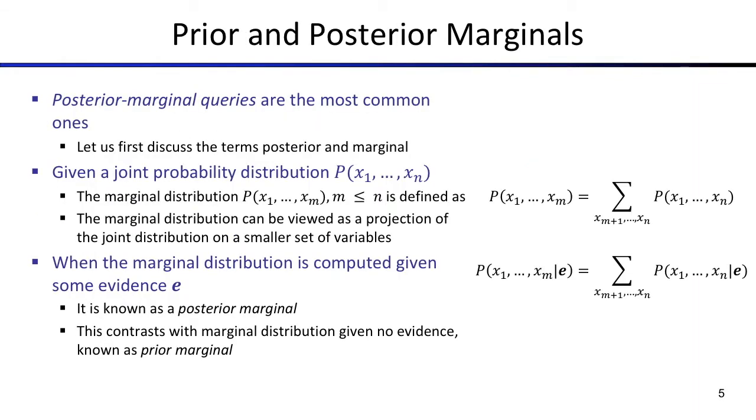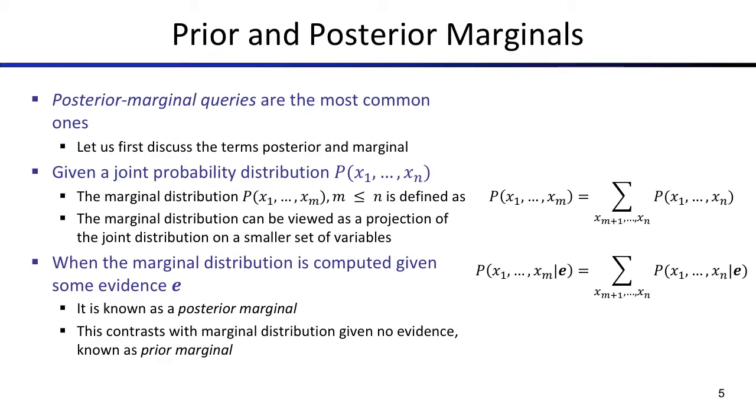If the probability of evidence is the simplest form of query, the most common one is the posterior marginal queries. Let's first take a look at what we mean by marginal, and we will discuss what the posterior marginals are and also what the prior marginals are. We haven't seen this before.